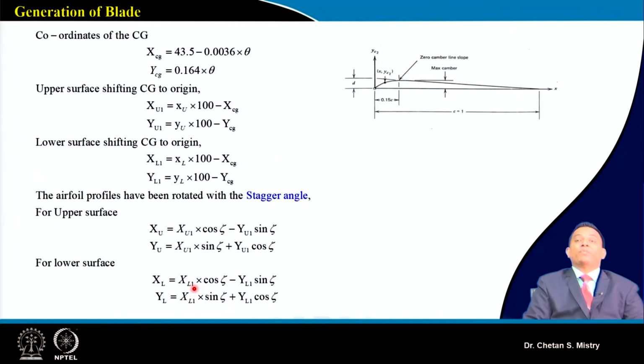You will have other parameters like chord and number of stations. You will put in an iterative loop and program these particular equations. When you are making that program, as we have discussed, the curve on the suction surface and the curve on the pressure surface need to be smooth curves.